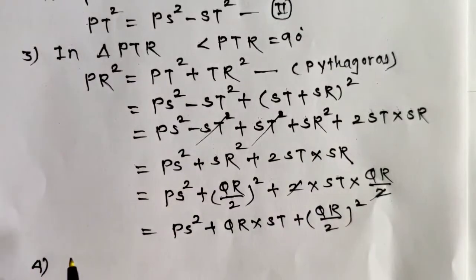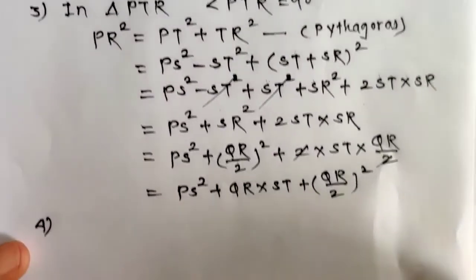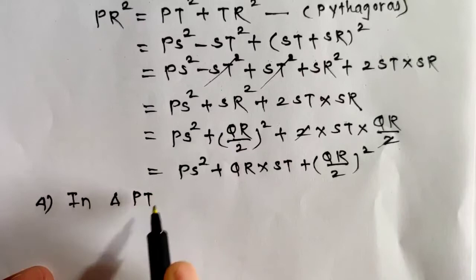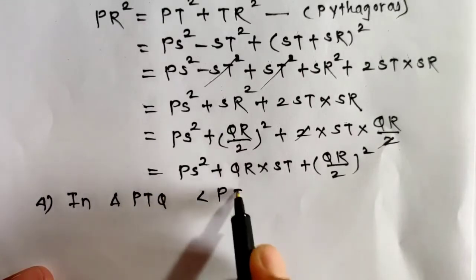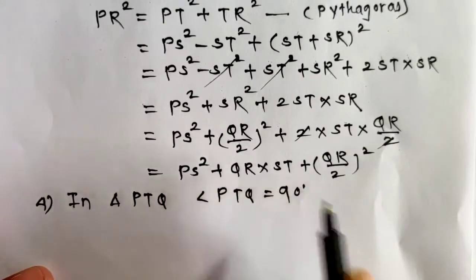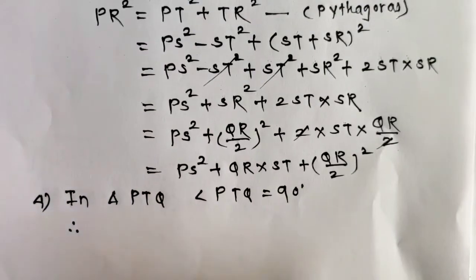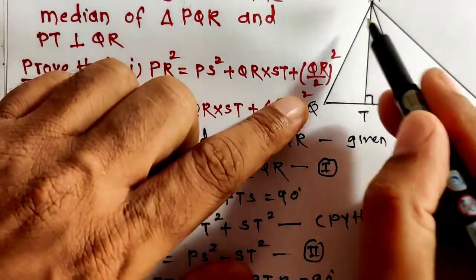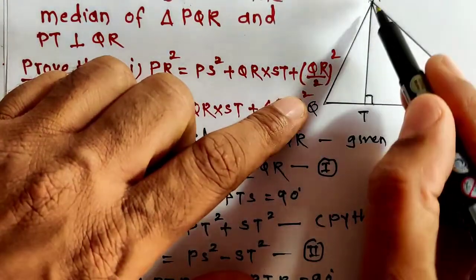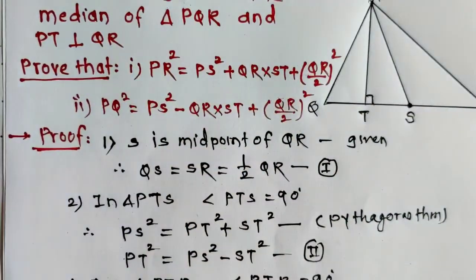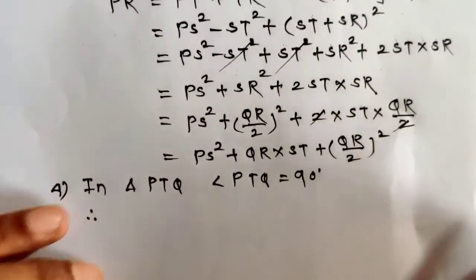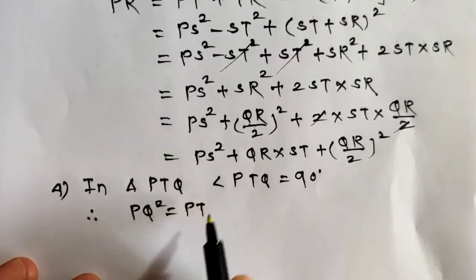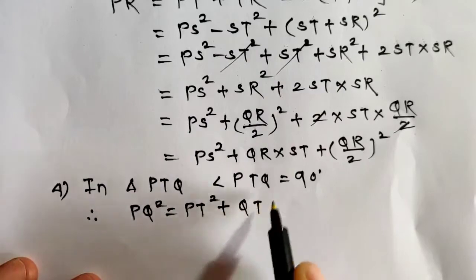Now in triangle PTQ, angle PTQ is 90 degree and therefore by Pythagoras, see the figure again, PQ square is equal to PT square plus QT square. So this is the Pythagoras theorem.